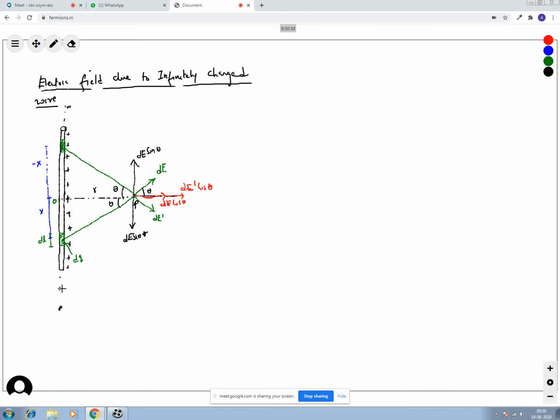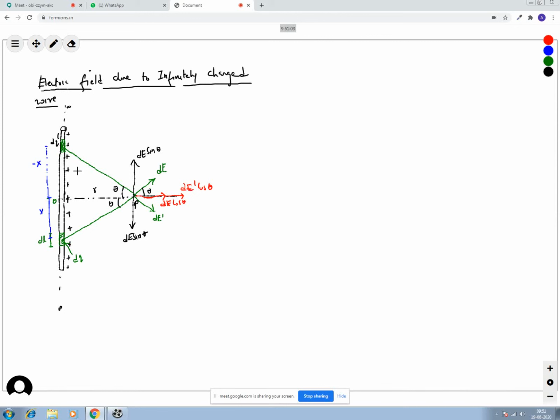Now, before going to the whole length L, we are just looking at two small charge distributions. dq, whose length is dl, is at a distance of x from the origin, and dq prime is at a distance of minus x from the origin.